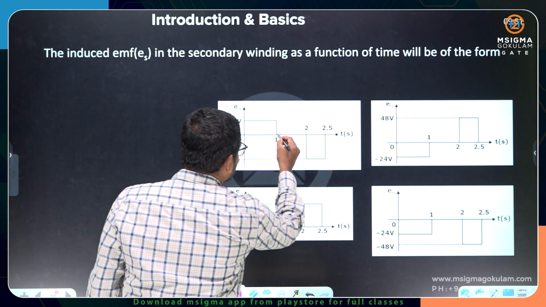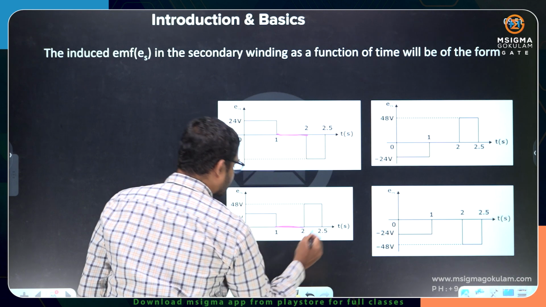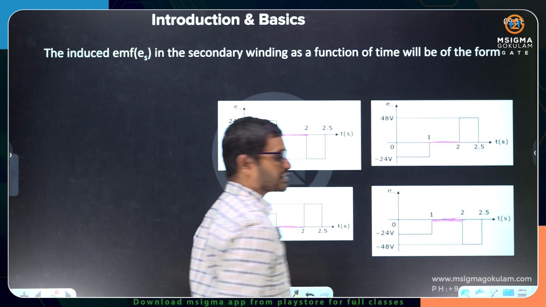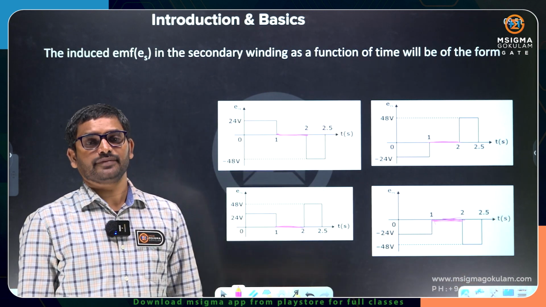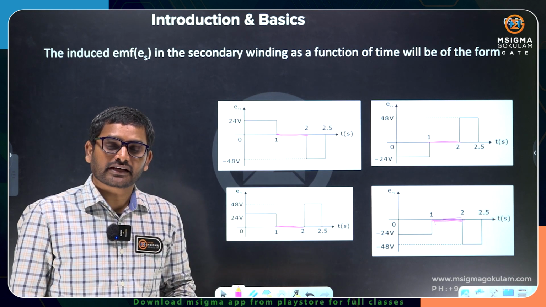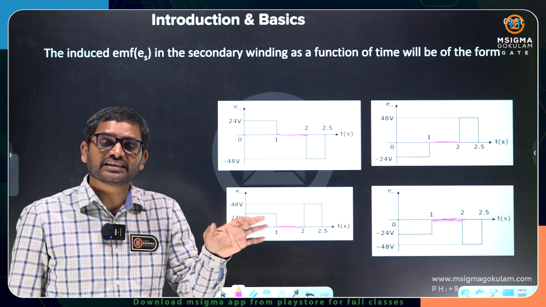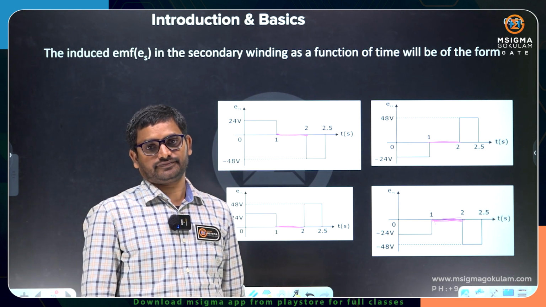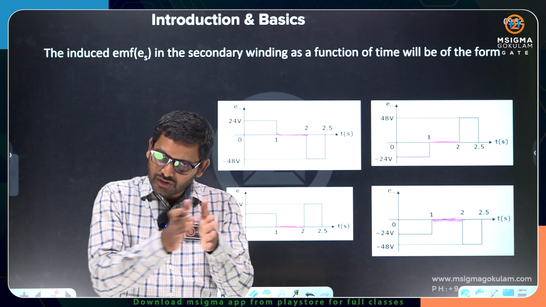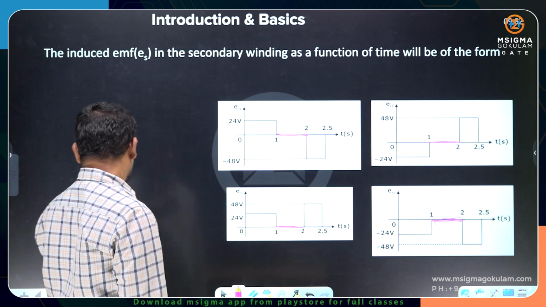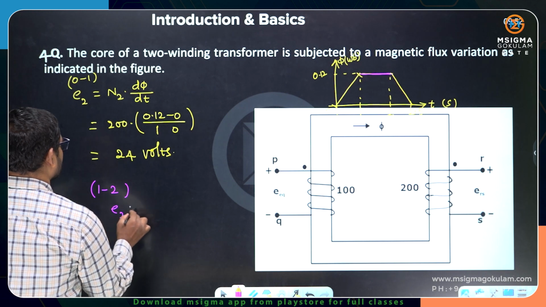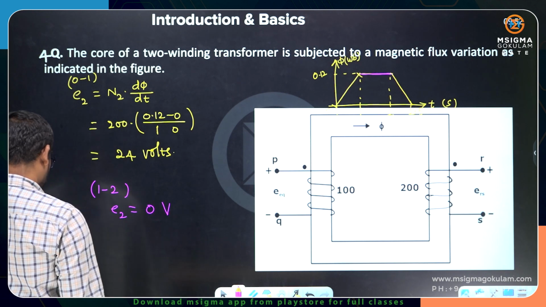It is like a DC waveform; transformer action is not possible, and EMF induction is not possible for DC supplies. During that duration, if the waveform is constant for some time, EMF induction is not possible. So for 1 to 2 seconds, the EMF induced in the secondary is 0 volts.